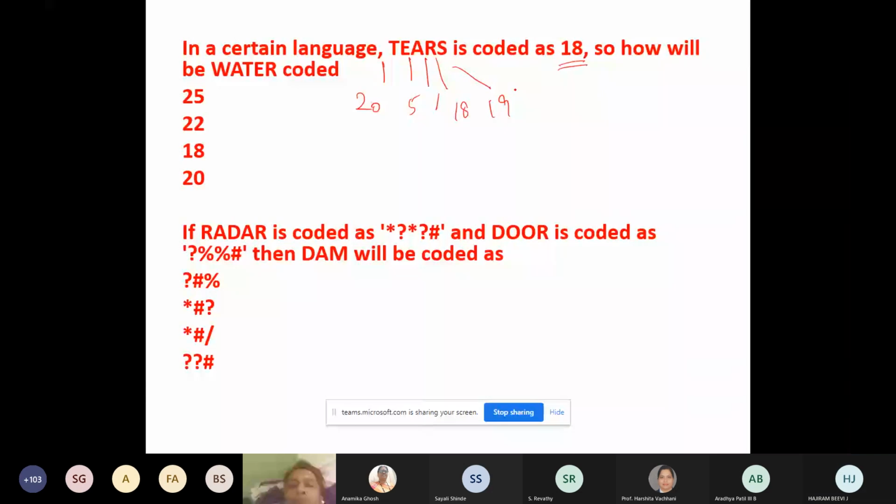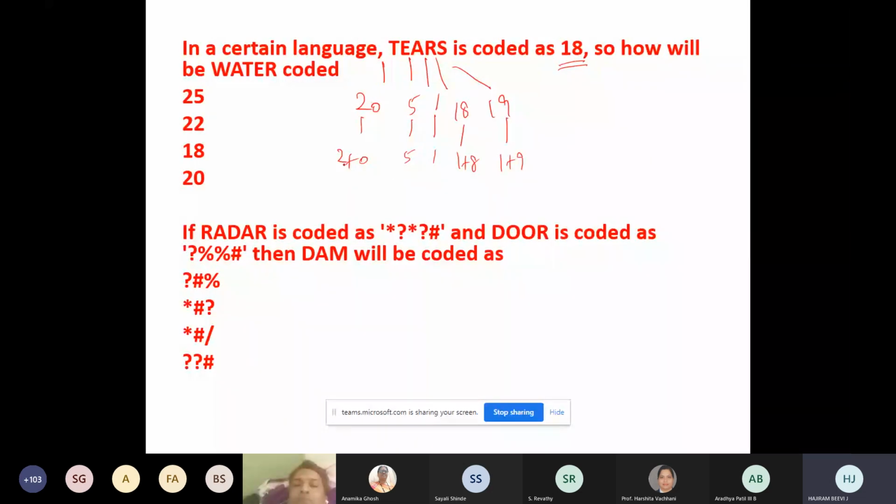So we think differently now. I am going to add the digits of 20: 2 plus 0. The single digits I take as they are. Then 1 plus 8, then 1 plus 9.